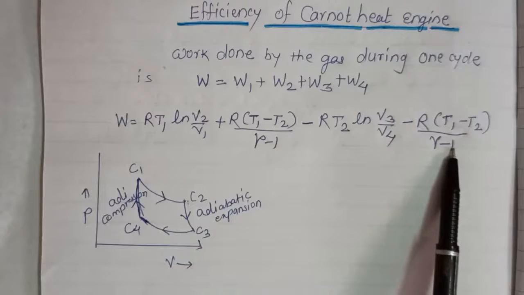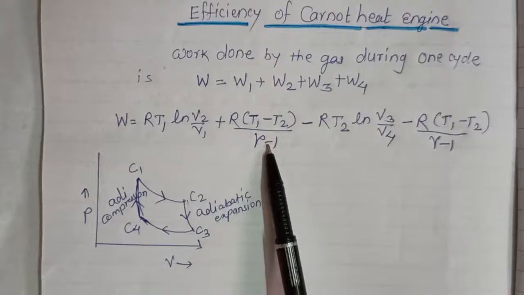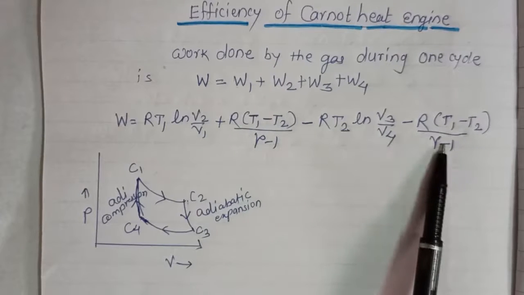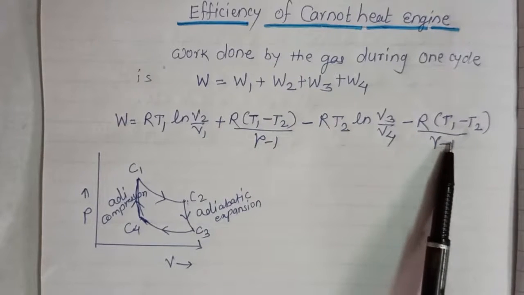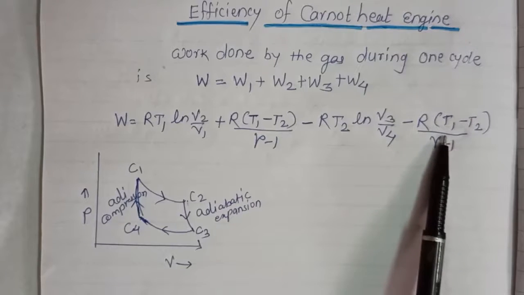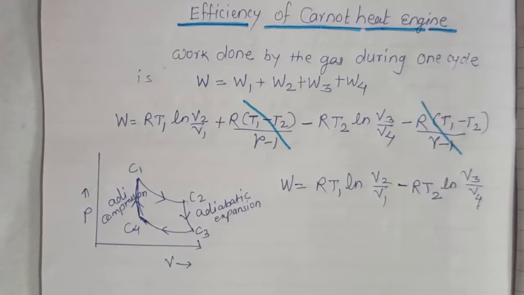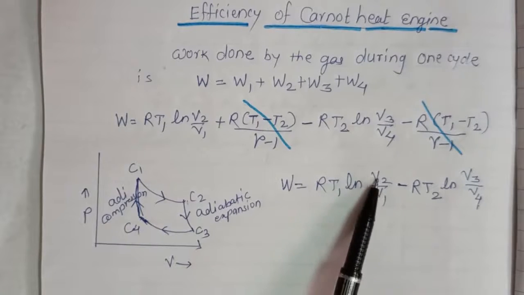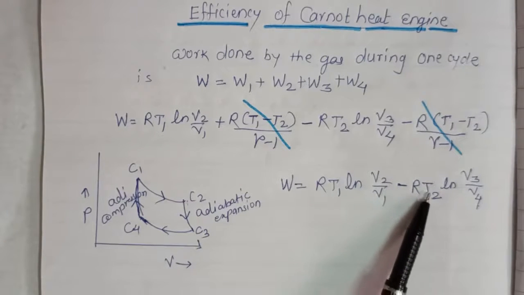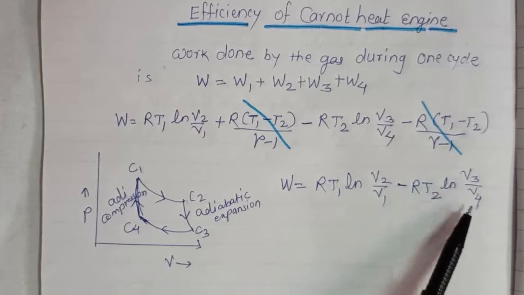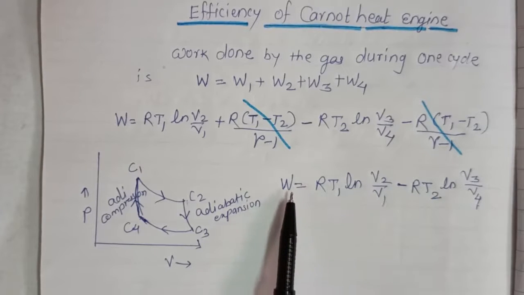On simplification, this term is cancelled with this term. Finally, we get work done is equal to RT1 log of V2 upon V1 minus RT2 log of V3 upon V4. This is the value of work done.